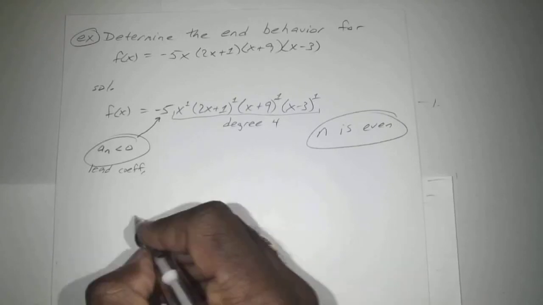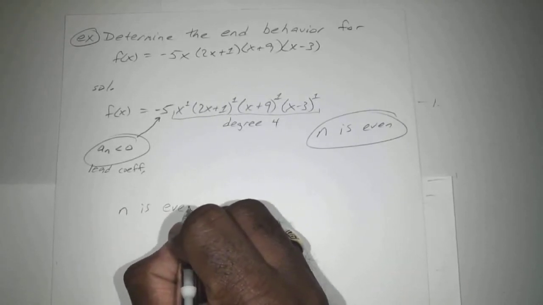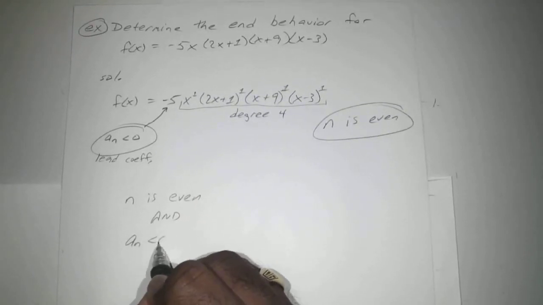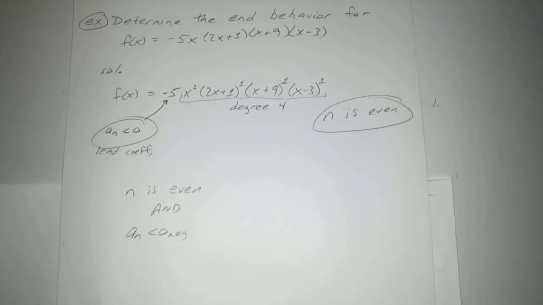So that means n is even, and our lead coefficient is negative. Yep, that's really similar to negative x squared. Let me clean that up a little bit.